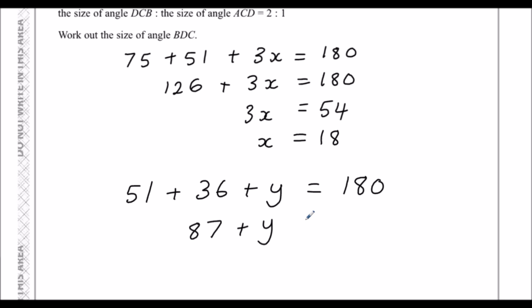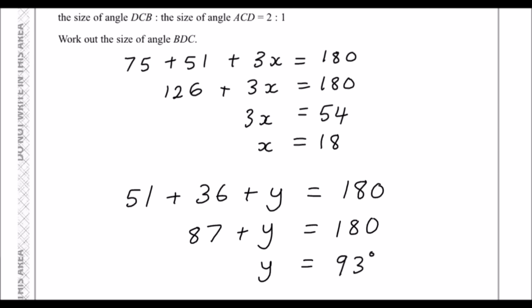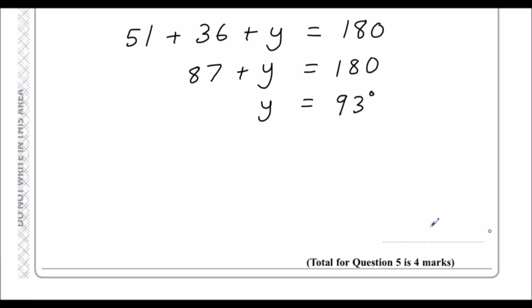So 87 plus y is 180. Taking 87 away from both sides. So take away 80 for 100. Take away another 7. 93 degrees. So that's the size of angle BDC.